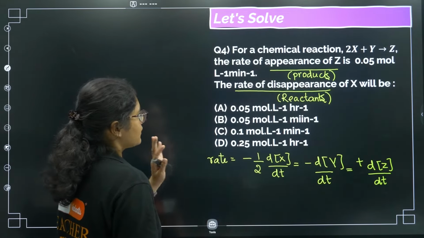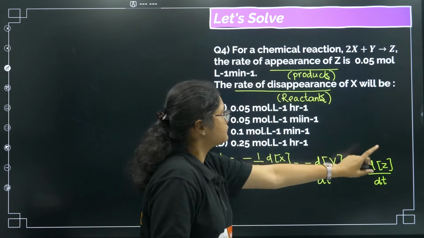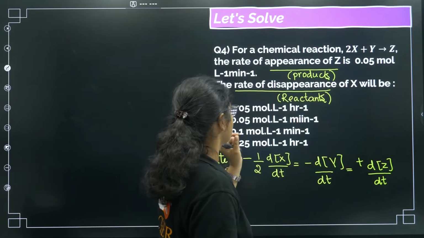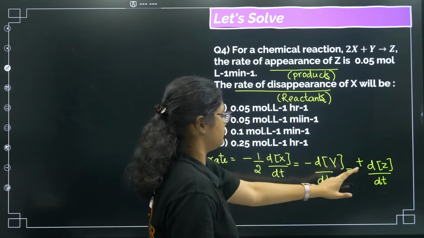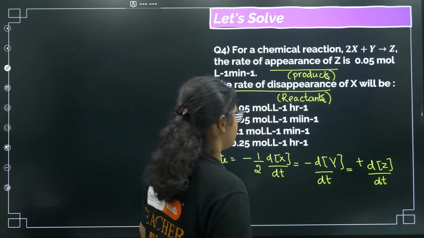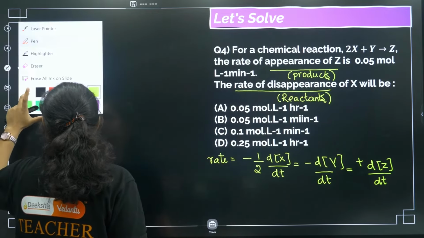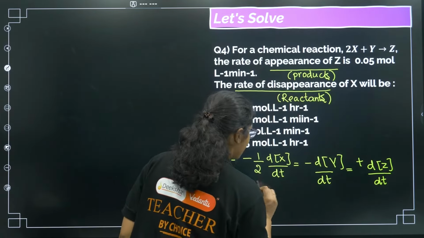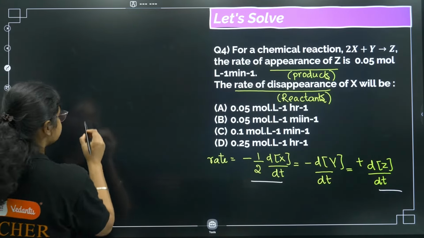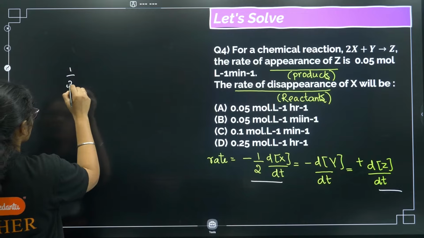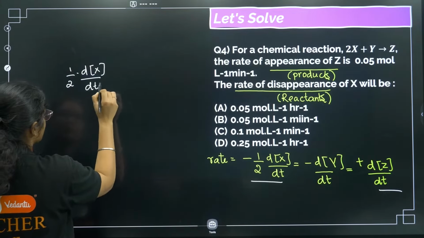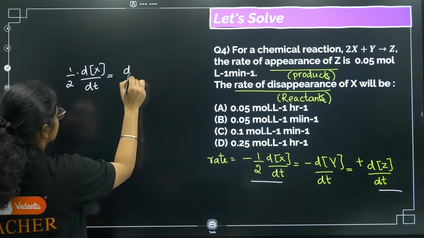The rate of appearance of Z, meaning dz by dt, is given to you as 0.05 moles liter inverse minute inverse. The question is asking you for the rate of appearance of X. So the question has given us a relation between X and Z, right? So we'll write that here. So I can write 1 by 2 of dx by dt is equal to dz by dt.